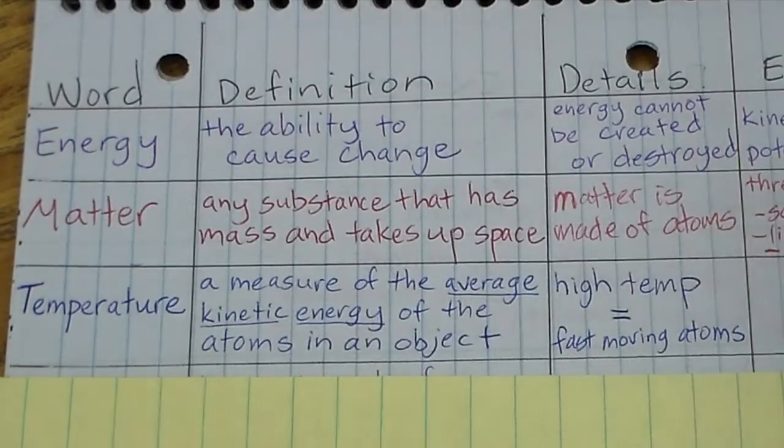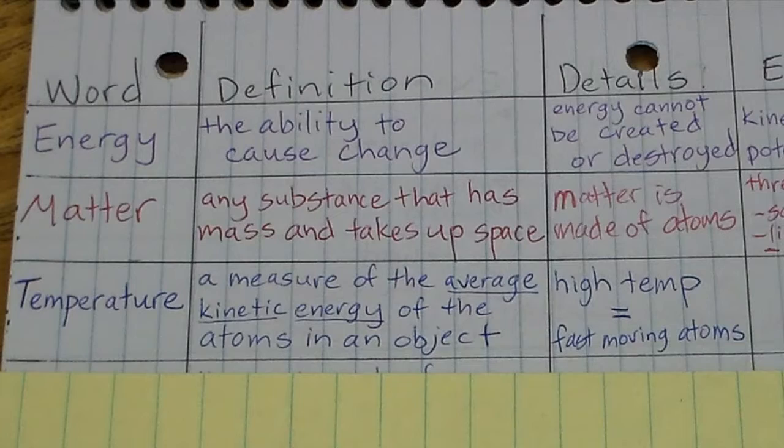So the number that we see as the temperature is actually telling us what the atoms are doing. So if we ever see a high temperature, it means we have very fast moving atoms. And vice versa, if we see a low temperature number, like it's 50 degrees in the morning, then that means the atoms outside are moving slower.